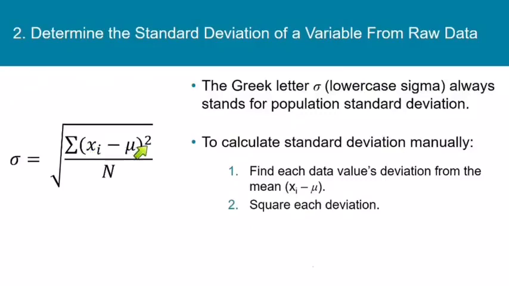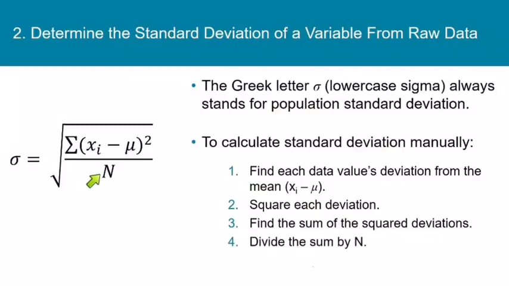Then we square each of the deviations, and we'll have a squared deviation for each data value in our data set. And then we find the sum of the squared deviations, and we divide that sum by the population size, and finally we take the square root of the whole thing. And that's how we find population standard deviation.